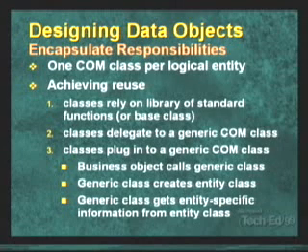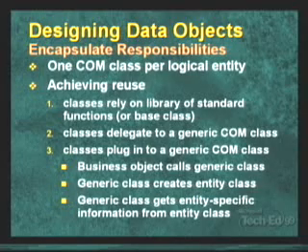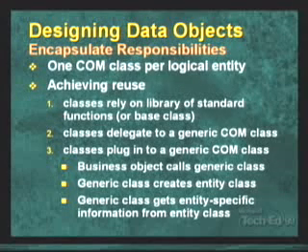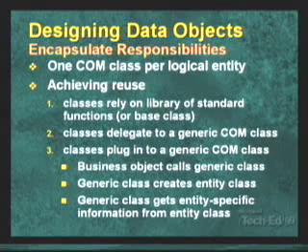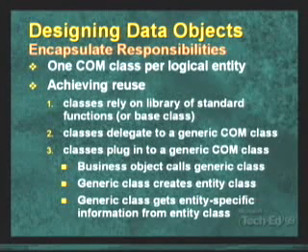Another technique that you could use is to have a generic class and have the specific classes for each logical table plug in underneath. This is sort of that inversion of the inheritance mechanism. So basically what you have is this generic class that has plug-in points. It defines a standard interface for classes that can plug into it.